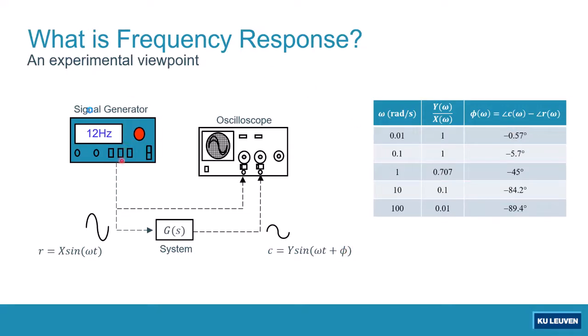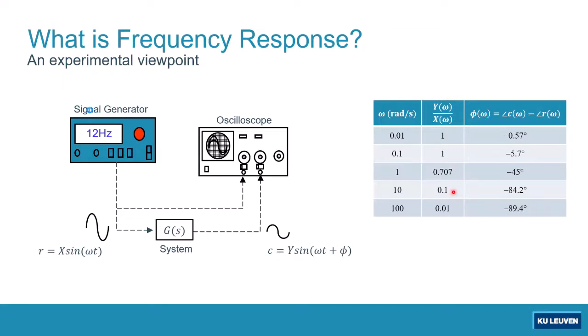You do it again iteratively for different frequencies. Do the same thing: find the ratio of the amplitude of the output to the input, find the phase difference, take note here, and then do it again for different frequencies. So by having this table, you can have the magnitude of G(jω) for different frequencies, and you also have the phase or the angle of G(jω) for different frequencies.